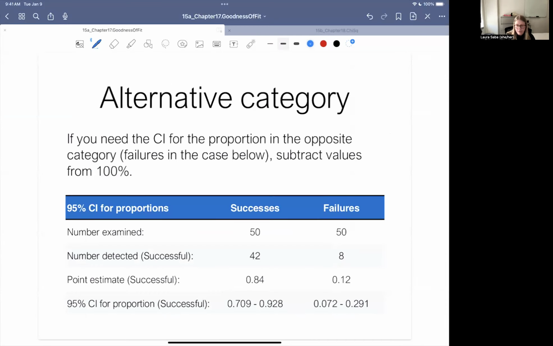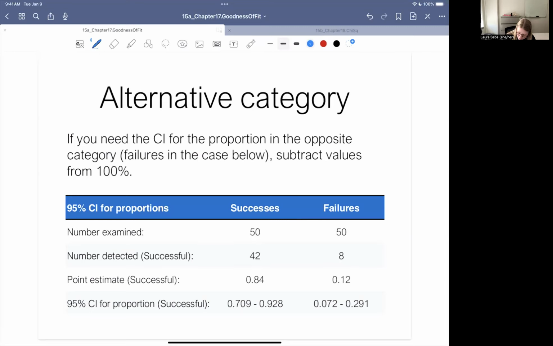It doesn't matter which one we talk about. In general, if we need the confidence interval for a proportion in the opposite category, so we talked about the number detected in the context of the number successful, the point estimate of successful, but we could have as easily done it for failures, right?